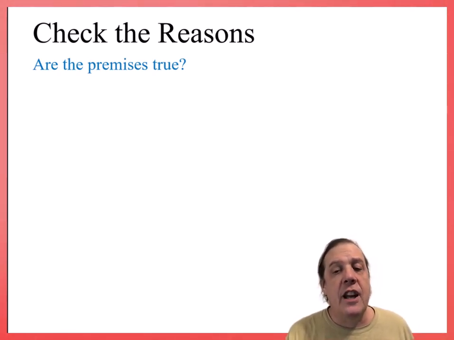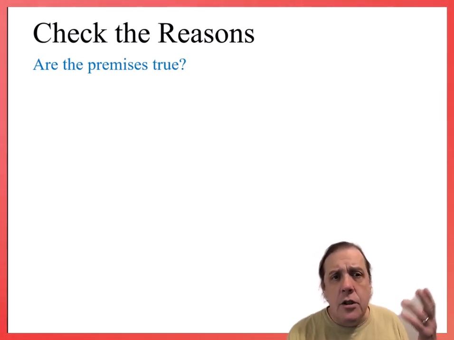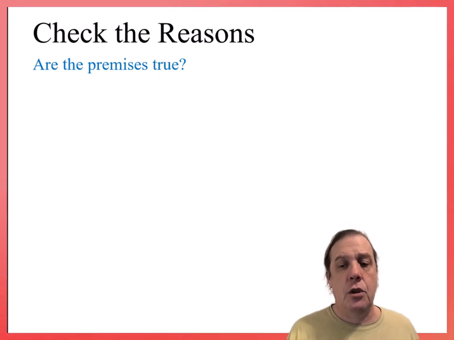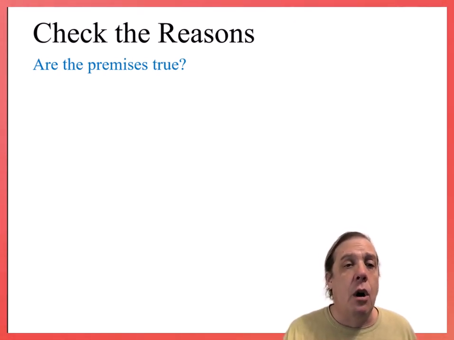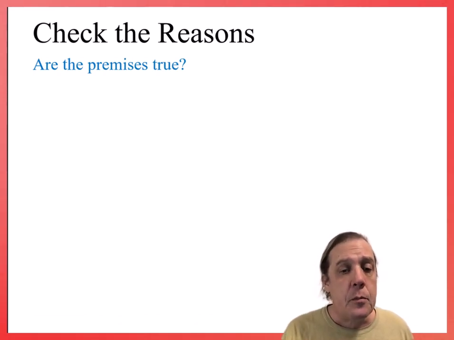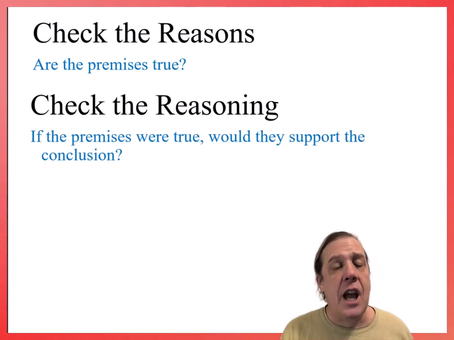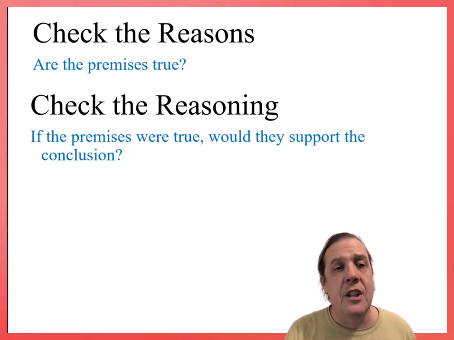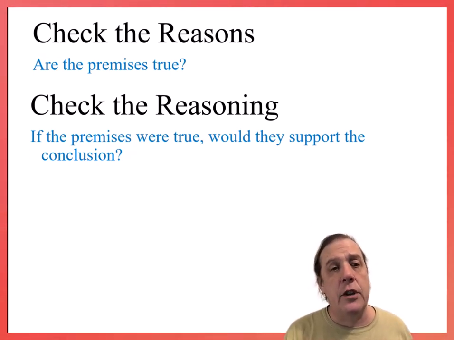So this led us to say that whenever you look at an argument, there are two basic checks that you should run to evaluate the argument. One, you want to ask, are the premises true? Check the reasons. You also want to check the reasoning. If the premises were true, would they support the conclusion? So check the reasons, check the reasoning.